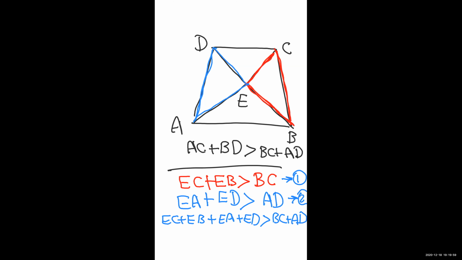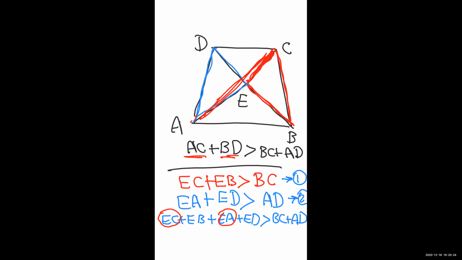Now check with me. We want to prove AC and BD. AC, which is this one, means EC plus EA.